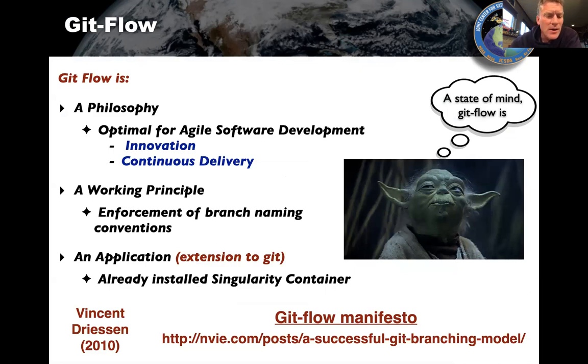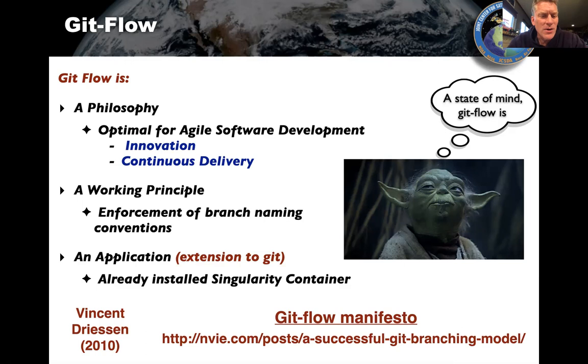This is the original blog post by the software engineer Vincent Driessen from 2010. That link is still active, and we all highly recommend that you go to it and read this article. It's a brief article, but it's a nice distillation of what the Git flow paradigm is and why we use it and why it's useful.